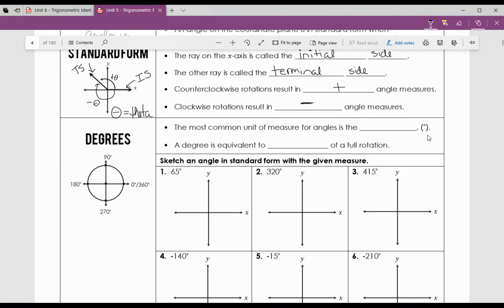The most common unit of measure for angles is degrees, and you know the little degree symbol. A degree is equivalent to 1 over 360 of a full rotation.